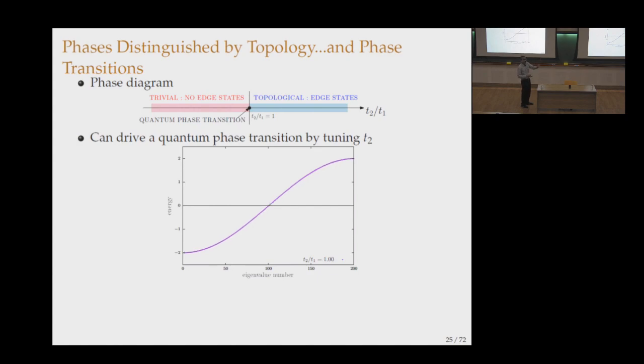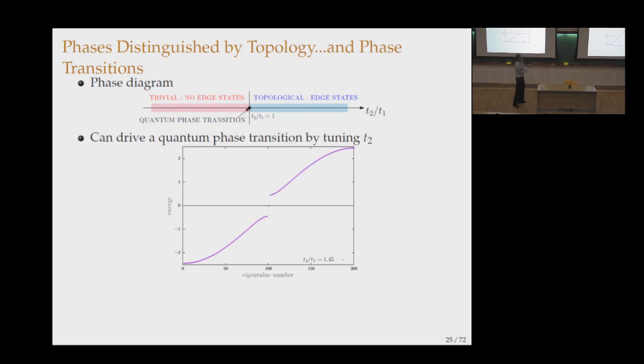And when T2 equals T1, that's a phase that you're familiar with, that's our metallic phase, right? When T2 is equal to T1, this is just the same old metal that we saw. So the gap closes, so it's gapless at that point when T2 and T1 are equal, and then it reopens again, but now you see there's the end state, right?